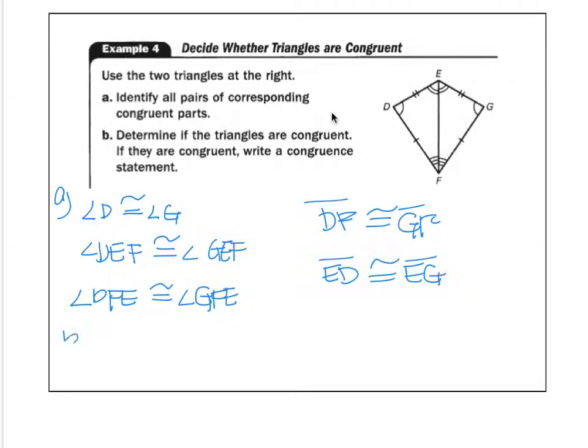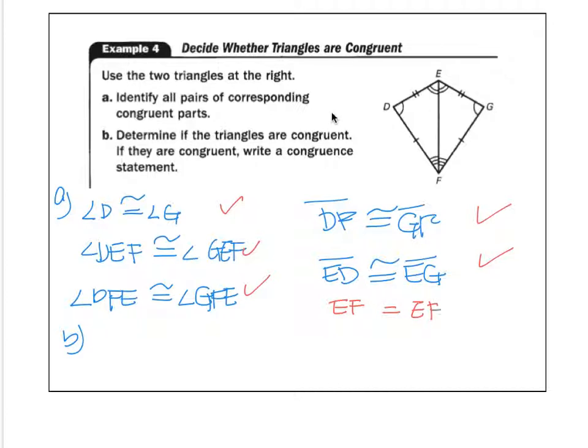The second part is asking us to determine if the triangles are congruent. If they are congruent, write a congruence statement. Notice that in order for the triangles to be congruent, all three angles have to be congruent, and that we have proved here. And all three sides have to be congruent. Now we have proved two sides, but I don't have the third side. But did you notice the third side is a shared side?